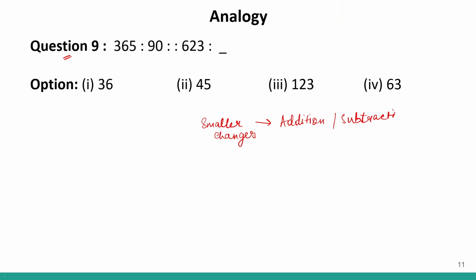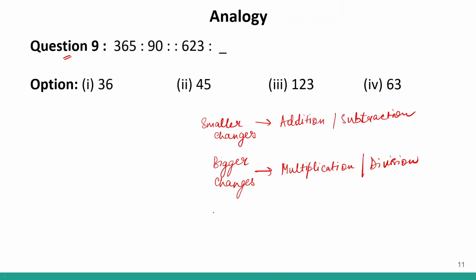And if you see bigger changes, we assume that it is either multiplication or division. So depending on the change, if you see very big numbers, this is valid for numbers which are equal to each other or unequal to each other.